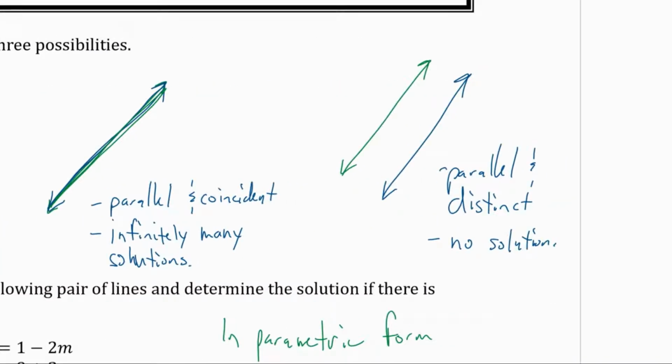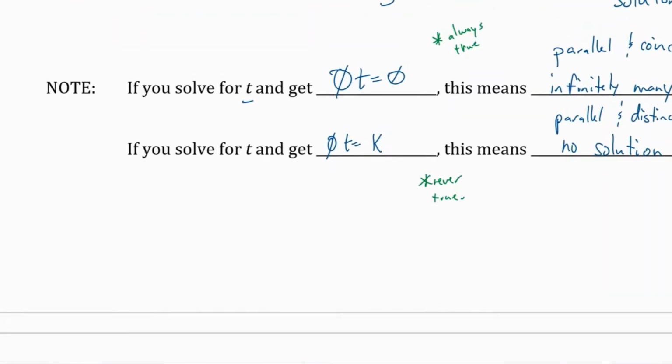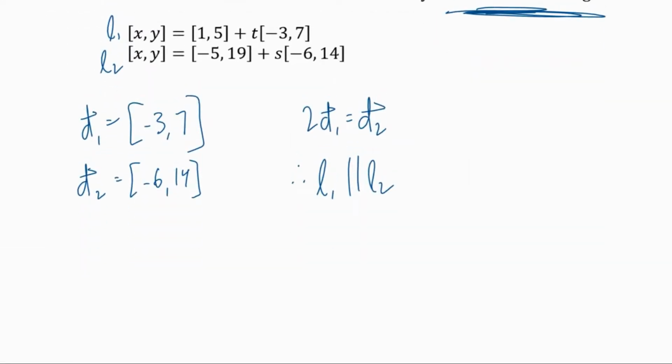They're either parallel and coincident or parallel and distinct, but we don't know which of those is true yet. So we still don't know if they are coincident or distinct.